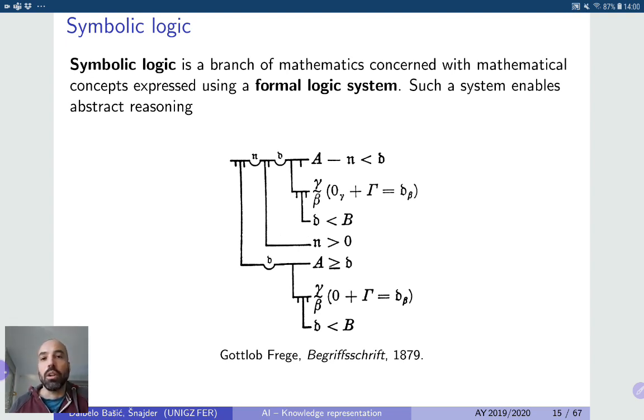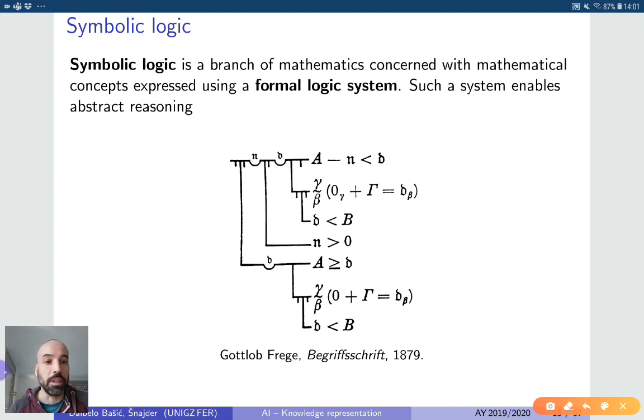The whole body of math essentially builds on mathematical formalisms, which essentially are built on symbolic logic. From the perspective of AI, these formal logic systems allow for abstract reasoning, and that's what we are after here.